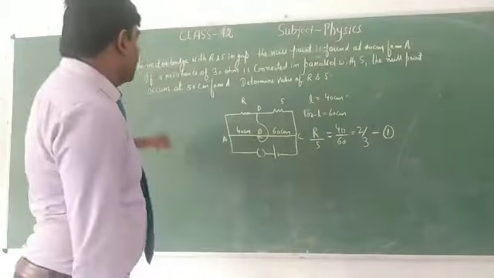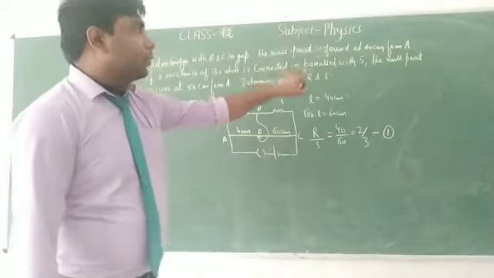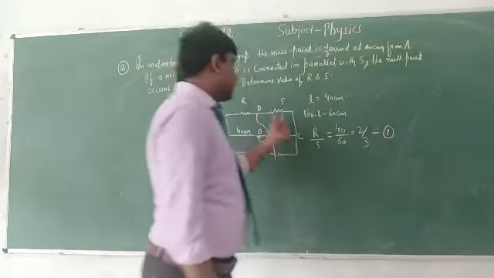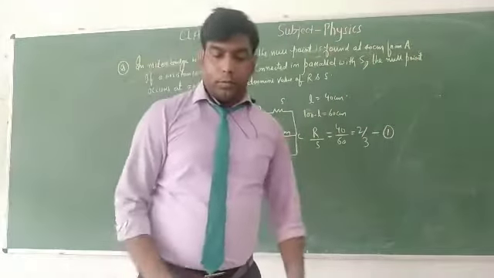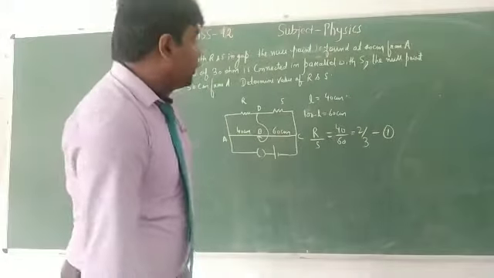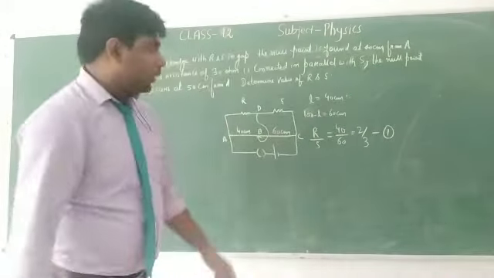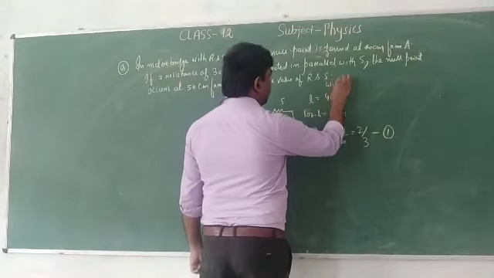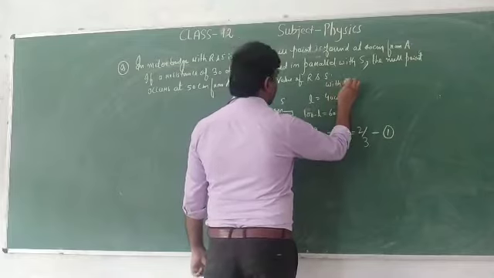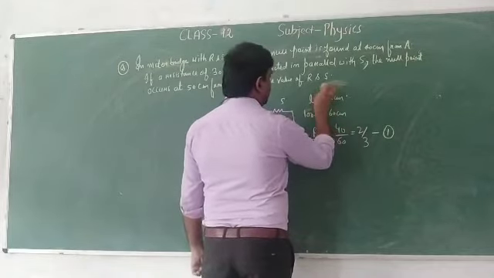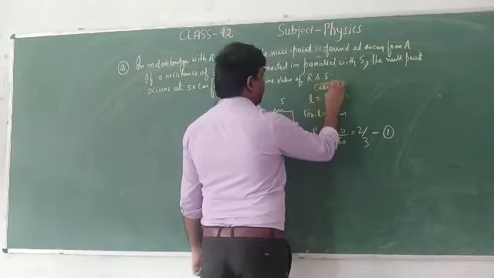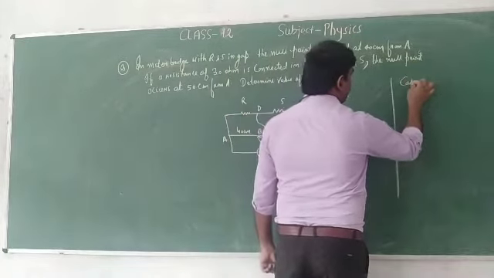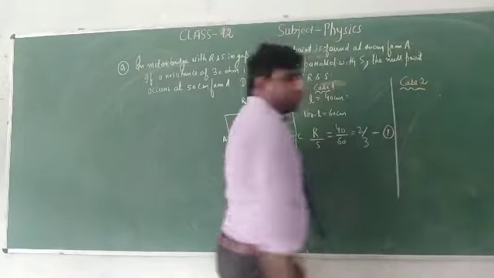In the second case, what they say is, if a resistance of 30 ohm is connected in parallel with S, then the null point will be at 50 cm from A. Now see case 2.